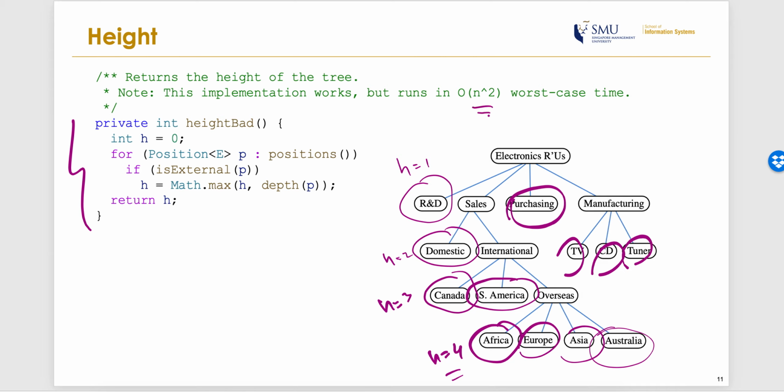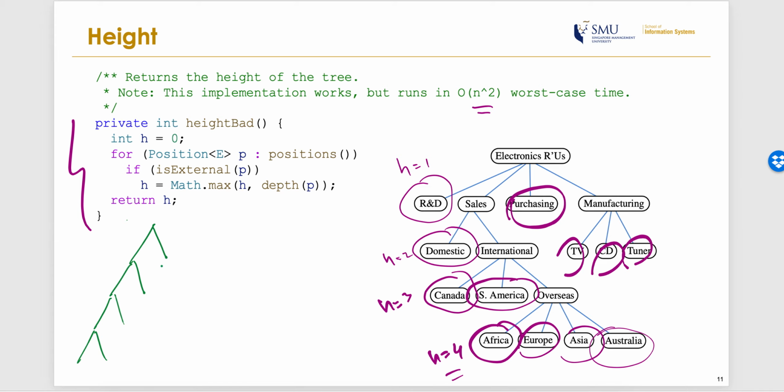To appreciate why this is n square, let's analyze it a little bit and make use of a specific example so that we can see it more clearly. Let's say we have a tree that looks like this.